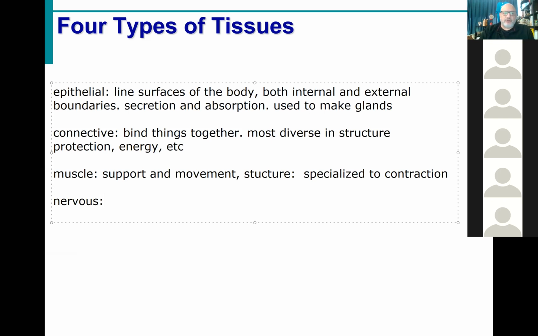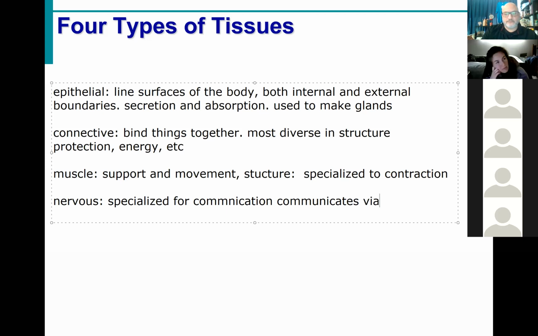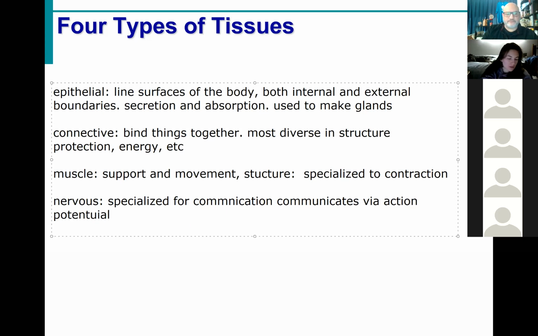Nervous tissue is also a one-trick pony. What is it specialized for? Communication. And how does nervous tissue communicate? Through neurons. Well, the neurons are the cells, but what do the cells produce that they use for communication? Action potential. Yeah, absolutely, through an action potential. What is an action potential?